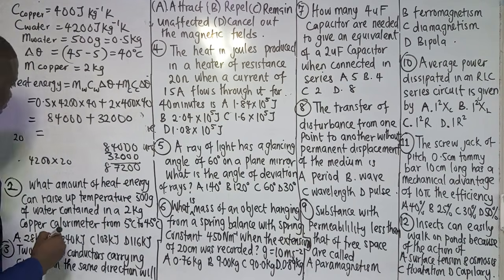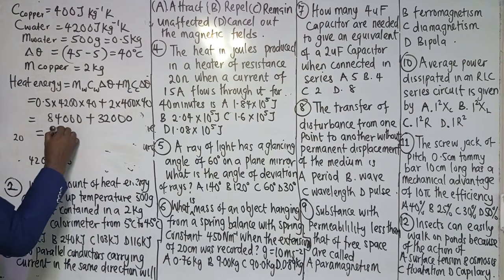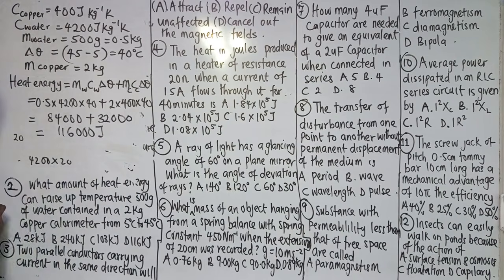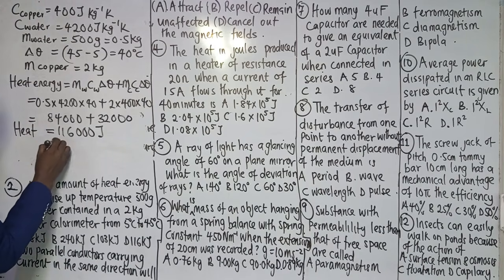Thank you very much for that. So adding, we have 116000 joules. So that's what I want to have. You must learn to play with numbers. You want to play with it.